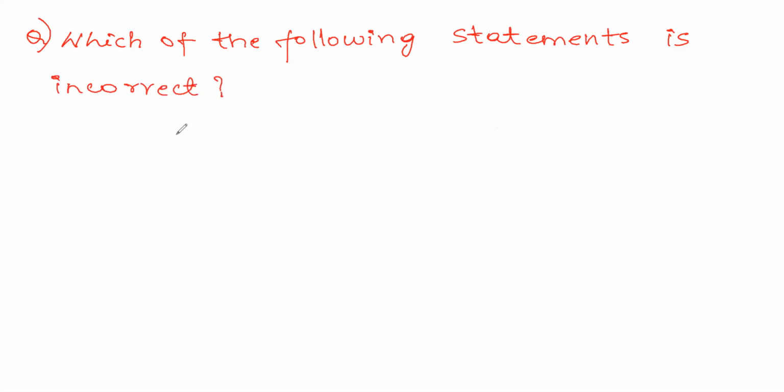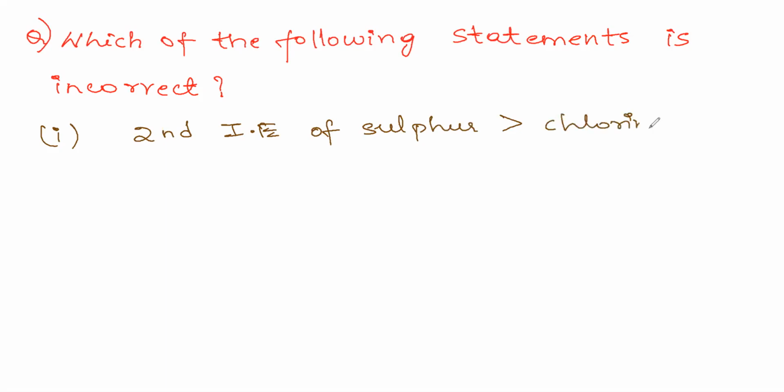First option, the second ionization energy of sulfur is greater than that of chlorine. Second option, the third ionization energy of phosphorus is greater than that of aluminium.